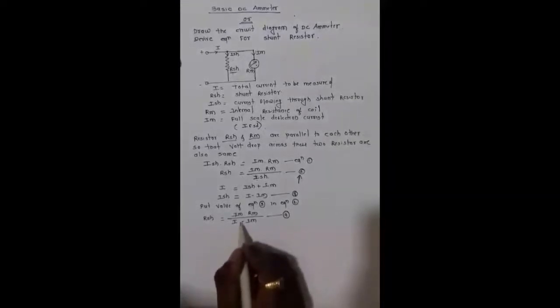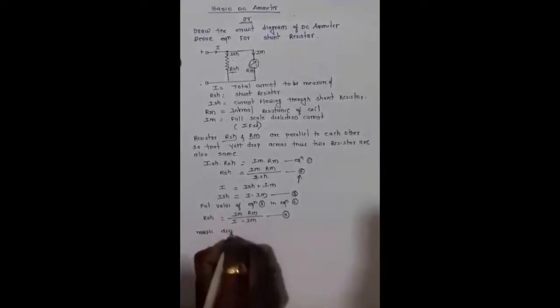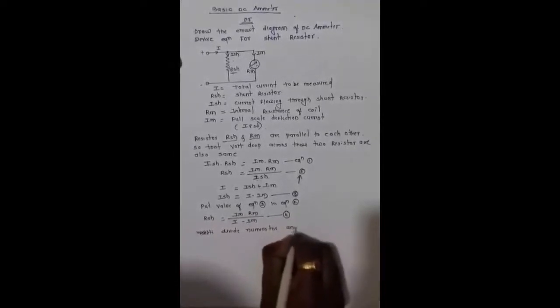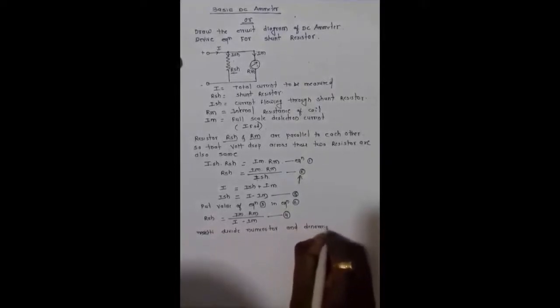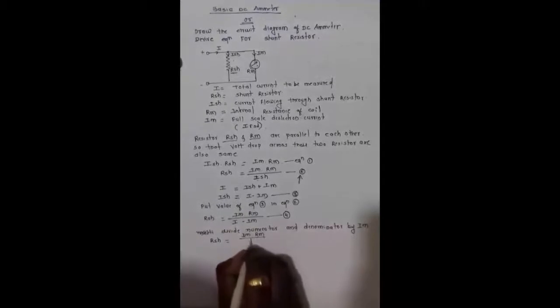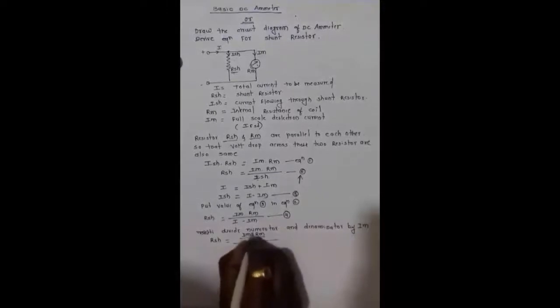Now multiply and divide the numerator and denominator by Im, so that we get Im into Rm divided by Im, upon I minus Im divided by Im. Here Im cancels.